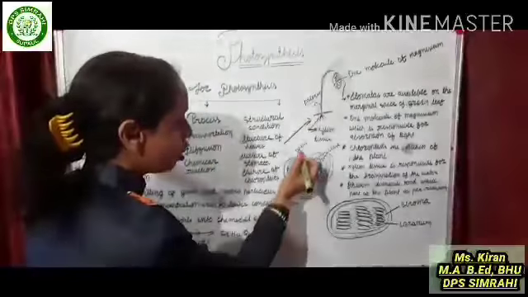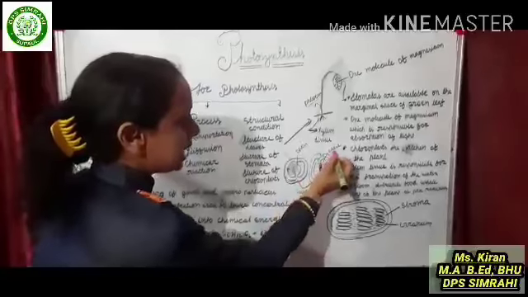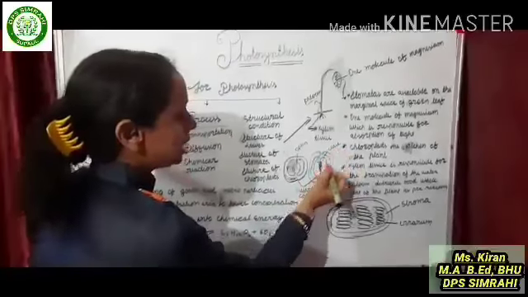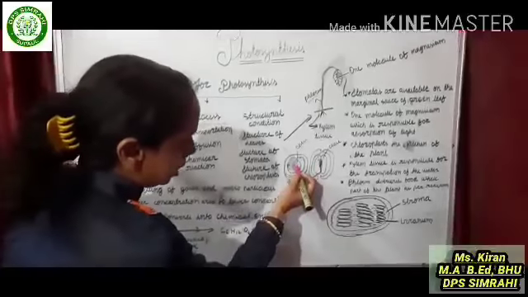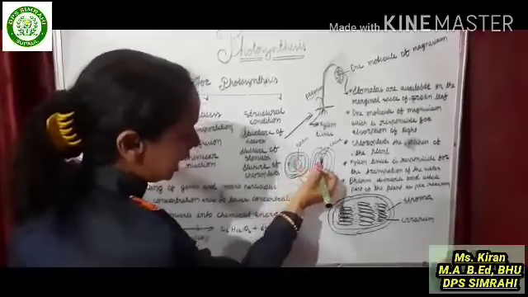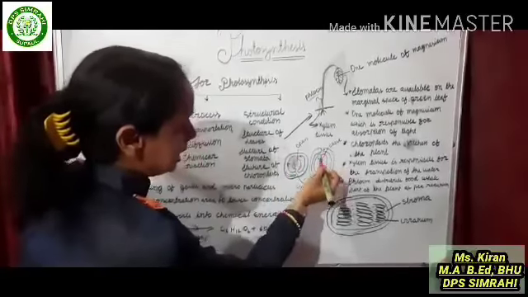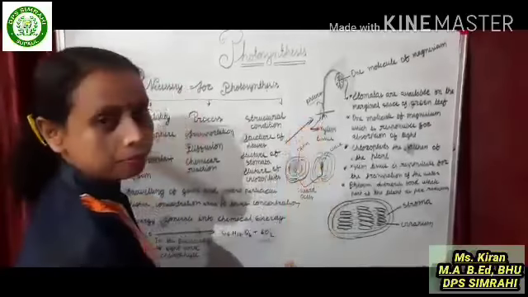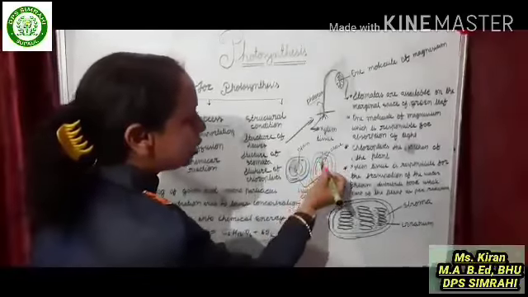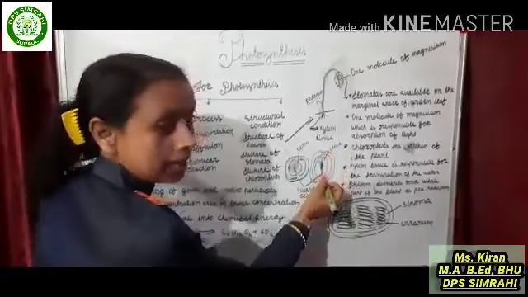The first condition is open and the second is closed. This is the open condition and this is the night condition. Open for the daytime and closed for the night time.